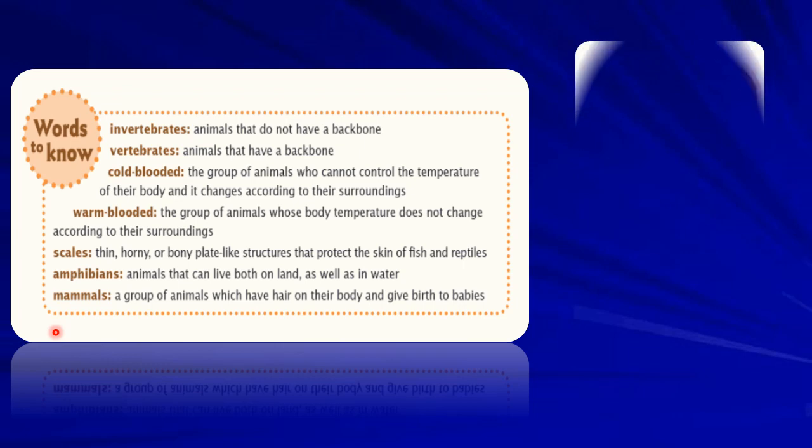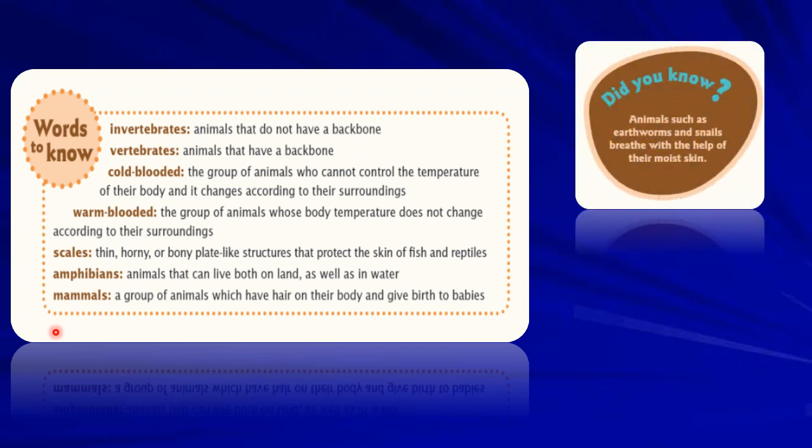Okay, and apart from this, there are some other facts given in your book that I just want to discuss here. Like, did you know animals such as earthworm and snails breathe with the help of their moist skin? So, earthworms and snails come under the category of invertebrates. They do not possess any backbone. Yes, so the earthworm respires with the help of the moist skin present.